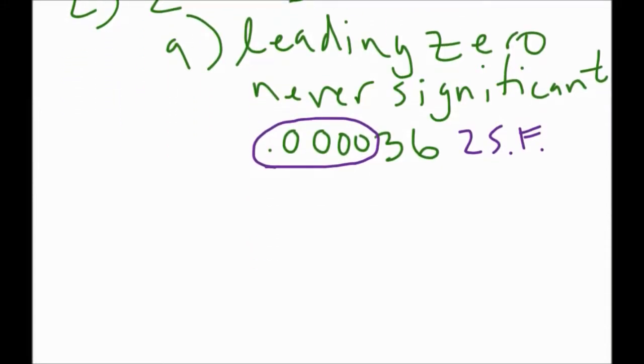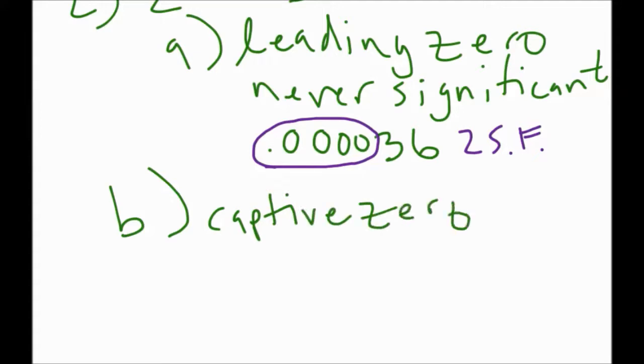The next type of zero is the captive zero. The captive zeros are zeros that are in between non-zero numbers. These are always significant.